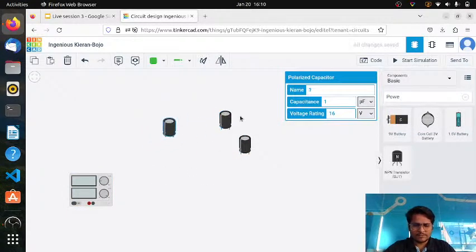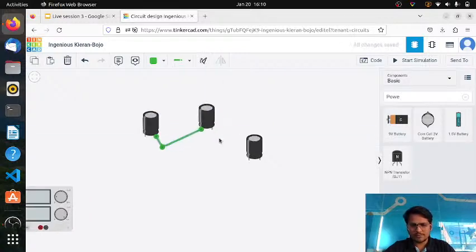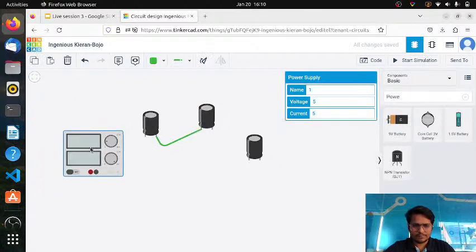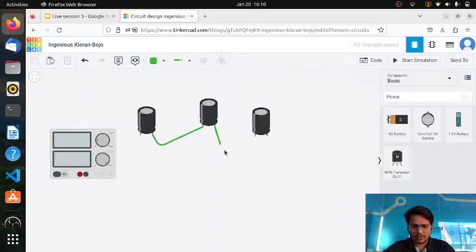So the series connection will be like this. The plus of the first capacitor we have to connect to the minus of the second one, and then the second positive we have to connect to the third negative.